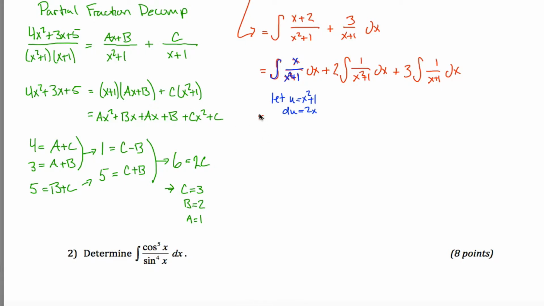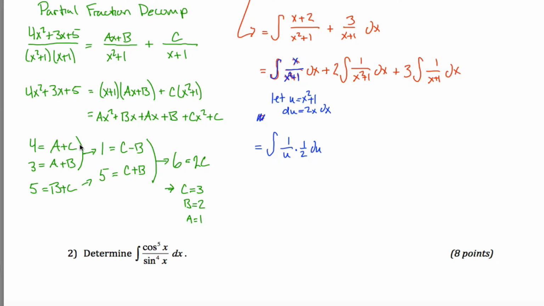And what that allows me to do is say that this is equal to the integral of, and if du equals 2x dx, then 1x dx equals half of du. So what I have is 1 over u times 1/2 du from this one.